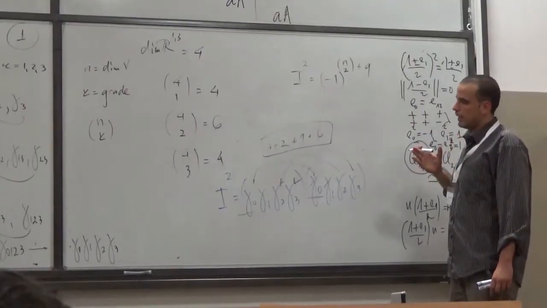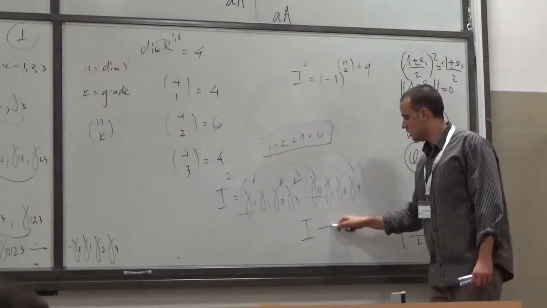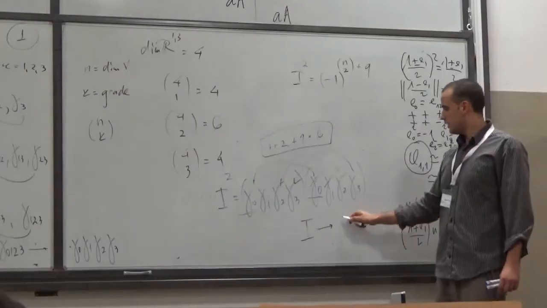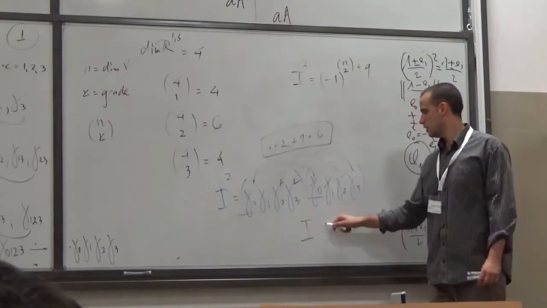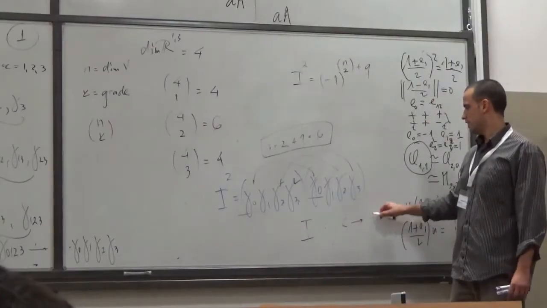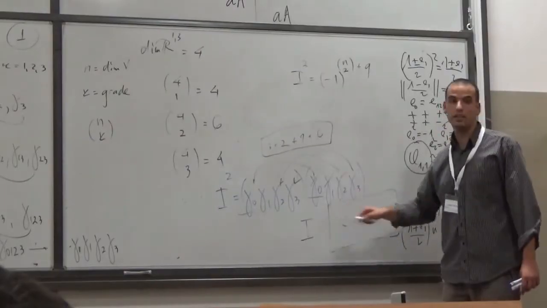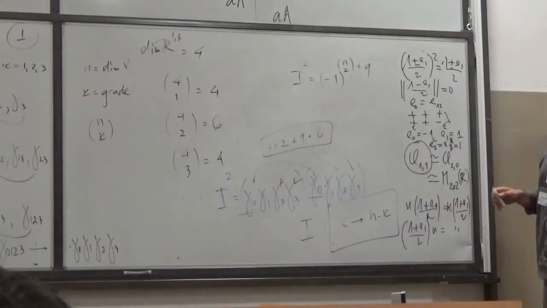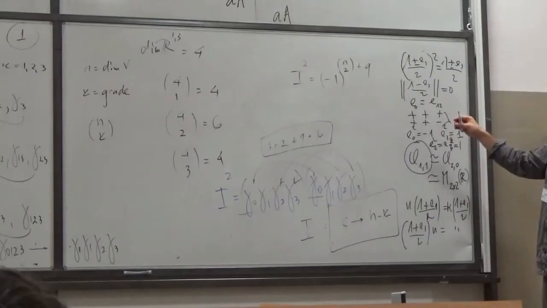So what it does is take grade k elements to grade n minus k elements. This is the famous Hodge duality in Grassmann algebra, written here only as a multiplication.